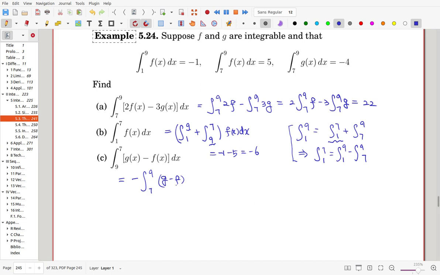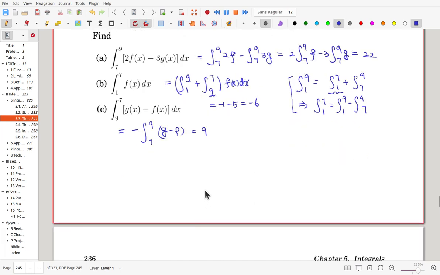Right? Okay, here we already know from 7 to 9, g is minus 4, and f is 5, so this whole thing is minus 9. Along with this, minus 9 with minus 1, so that is 9, okay?